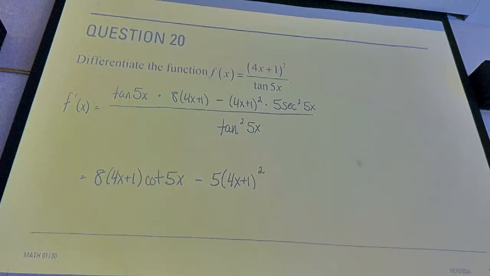Secant squared over tangent squared, one over sine squared, which is just cosecant squared. See, to me, that is a lot simpler than the original.